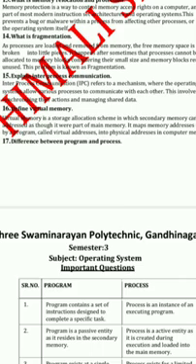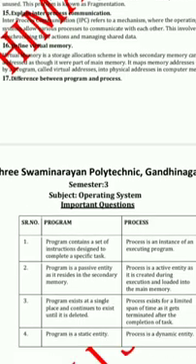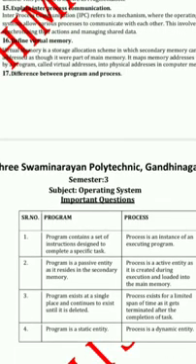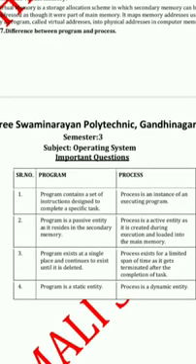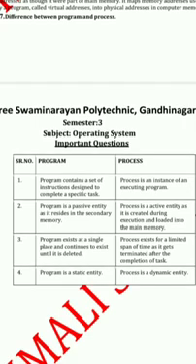Next question is the difference between program and process. This is the most commonly asked question in GTU. So program and process, what is the difference between them? First, a program contains a set of instructions designed to complete a specific task, or in other words, a program contains a set of instructions to perform a particular task.